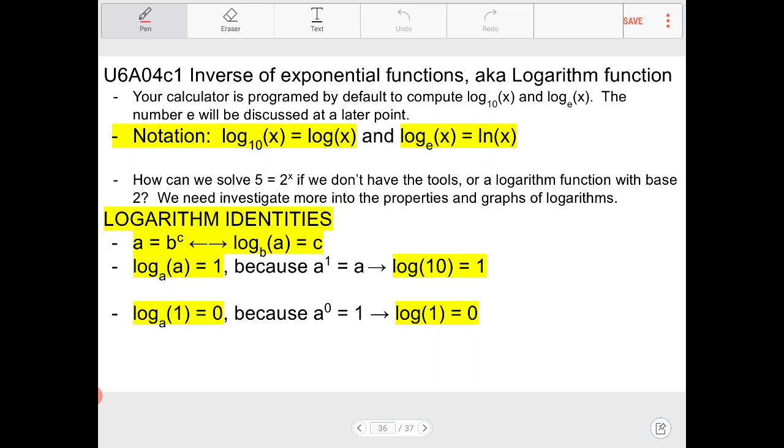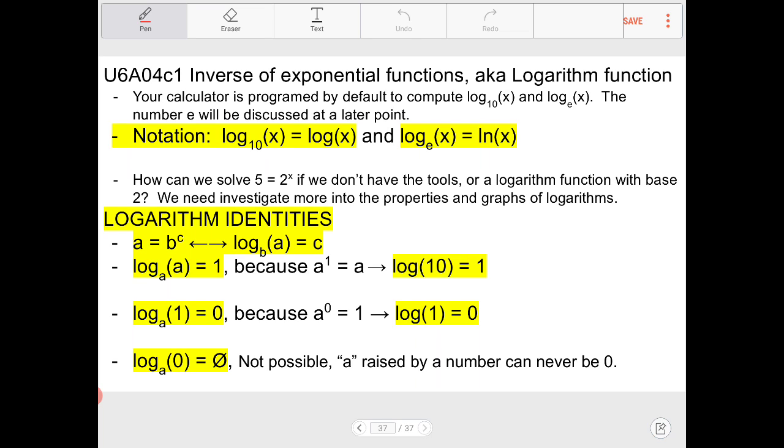Log base a of 1 is equal to 0. That's because a to the 0th is equal to 1. Log of 1 is equal to 0 because 10 to the 0 is equal to 1. Log of base anything of 1 is equal to 0. Log base a of 0, on the other hand, is undefined because this is not possible.